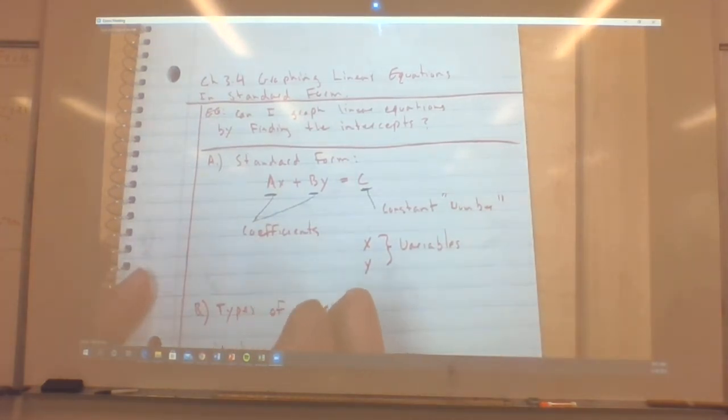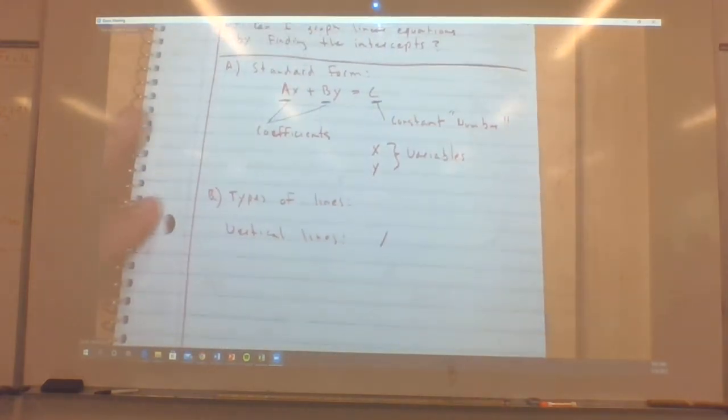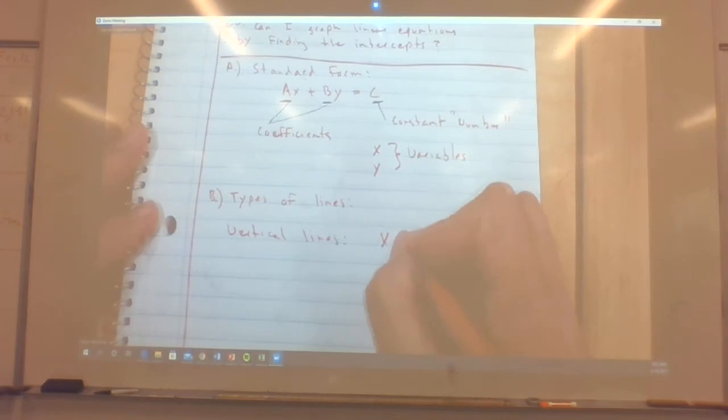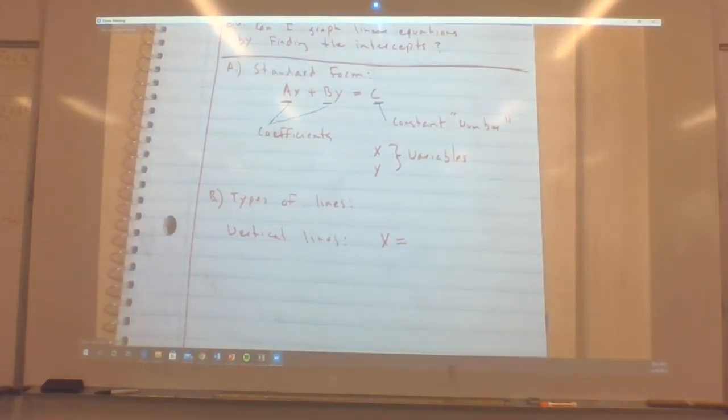So vertical lines look like this. Vertical lines look like this. X equals, let's say a number A. Okay? This is called a vertical line. Anytime you have x equal a number, it's going to be a vertical line.